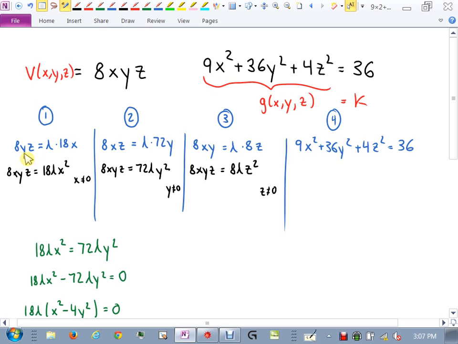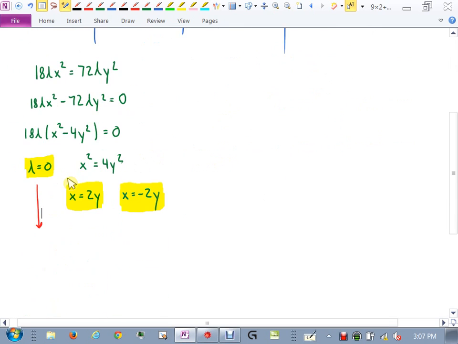Which means that either y or z would have to be 0, which was a contradiction because whenever we multiplied by x, y, and z on these, we said they couldn't be 0. Also, if that lambda is 0, then x or z would have to be 0. So for the same argument, lambda can't be 0 for these. So I can throw that out completely. And then this second one, x is negative 2y. I can throw that out.